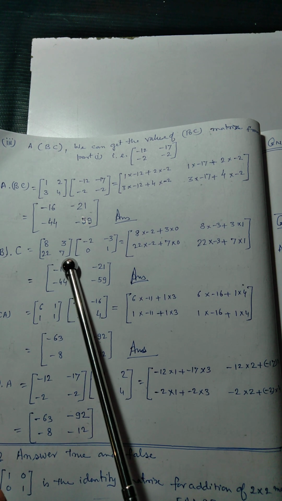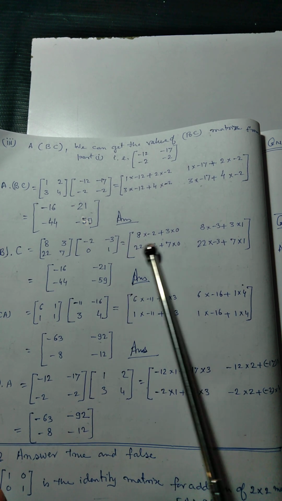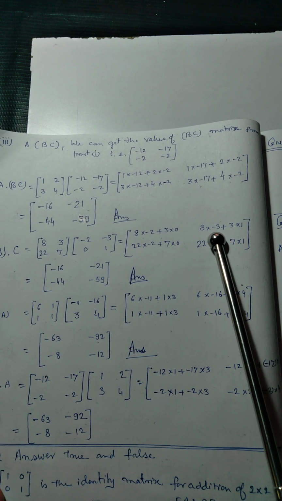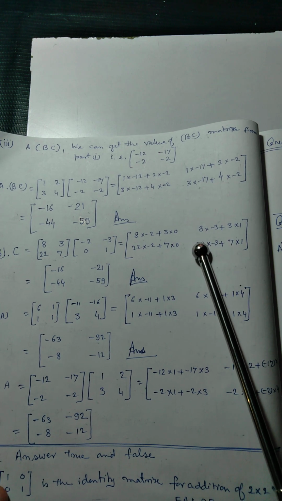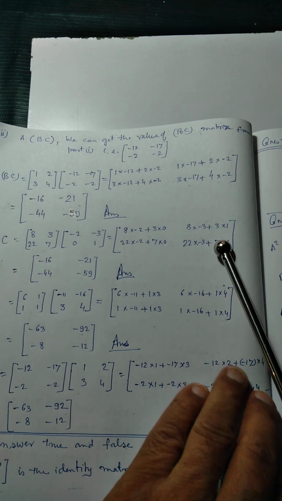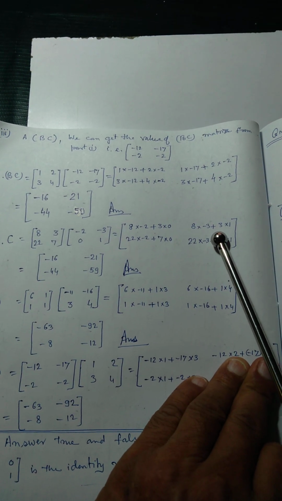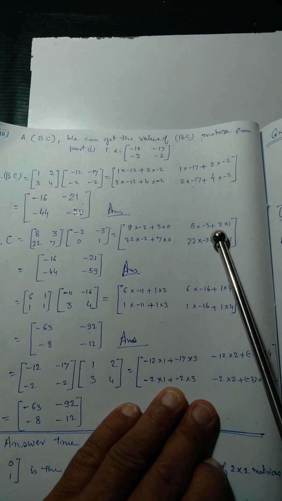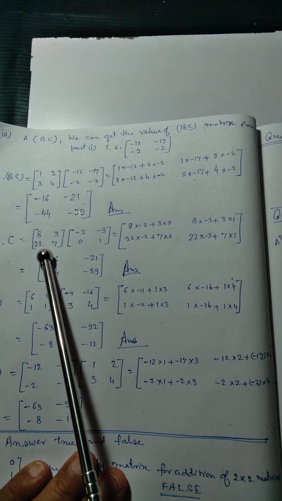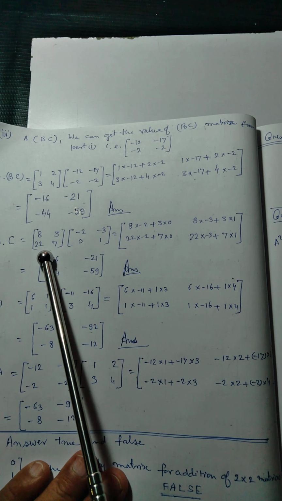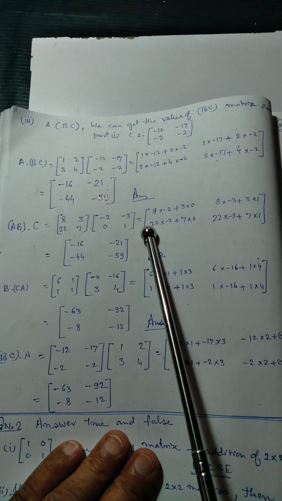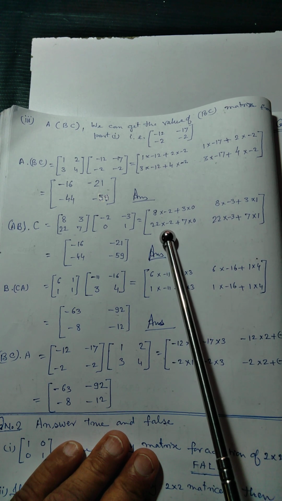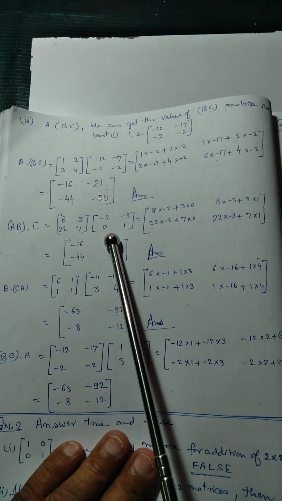Now 8 will be multiplied to minus 3 and 3 will be multiplied to 1. I have written here 8 into minus 3 plus 3 into 1. Now for second row, 22 will be multiplied to minus 2, 22 into minus 2 plus 7 into 0.